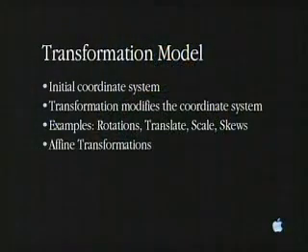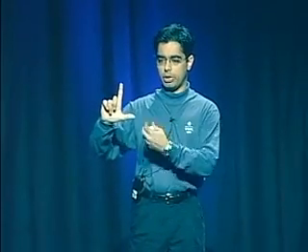So now that we've covered all of the drawing primitives, you may want to do some neat effects while you're drawing. One thing that you might want to do is look at the transformation model that we've got in Quartz. The initial coordinate system is anchored at an origin on the bottom left. So your 0, 0 is at the bottom left.